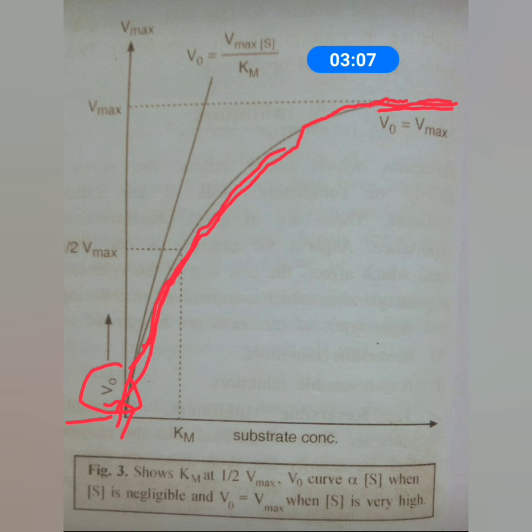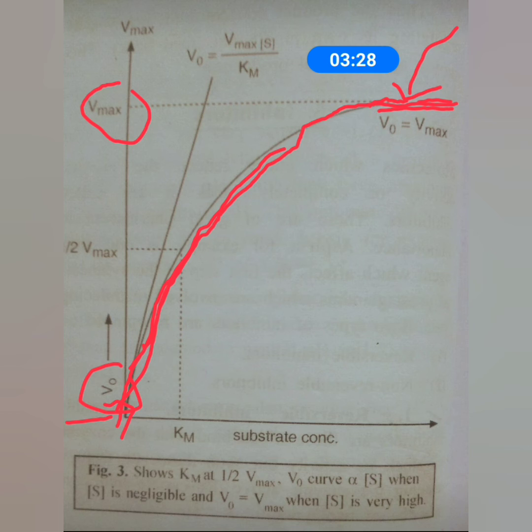So it has reached a maximum velocity at this point, and that maximum velocity is represented by Vmax. This point is termed Vmax, the point at which the velocity has become maximum.